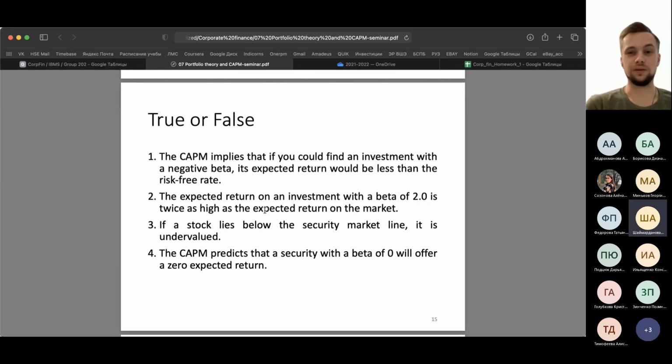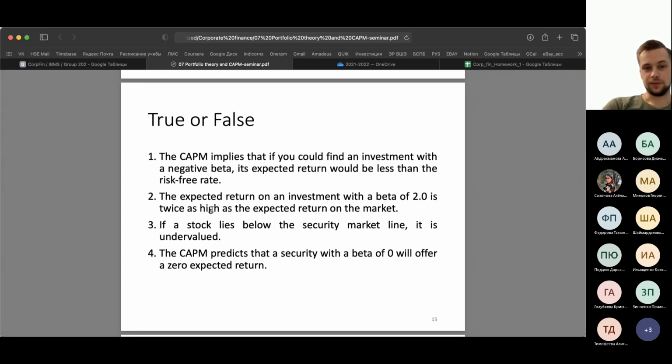If beta is 2, it won't be twice as high as the expected return on the market, but the change in return of this stock will be twice as high as the change of return on the market, because beta is the measure of volatility against the market. So if the market falls by 10%, the stock falls by 20%.